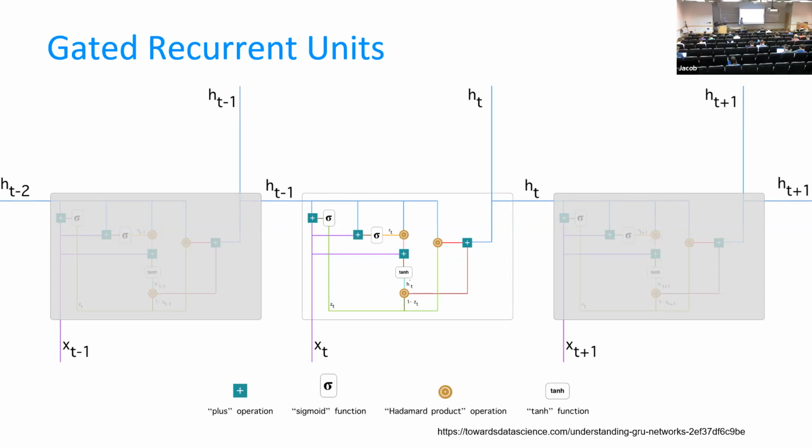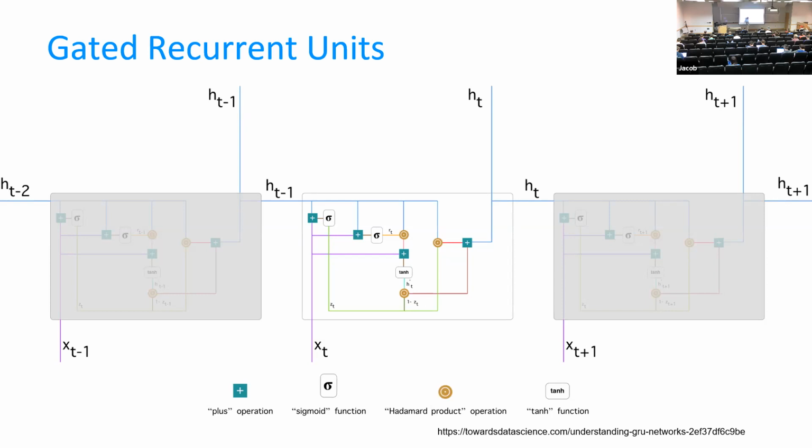Let's try to figure out where our remember and our forget paths are here. So our remember path is going to be through here, through this tanh.